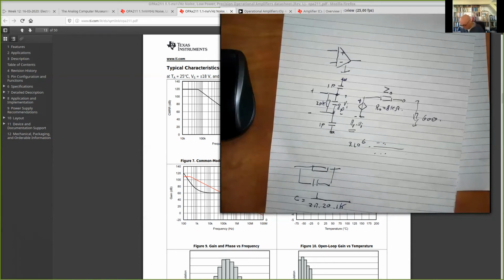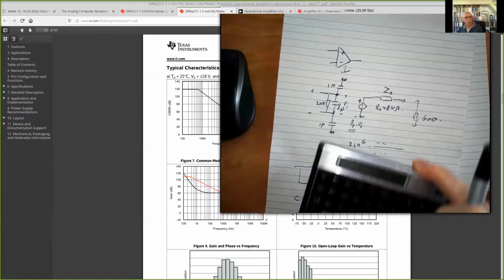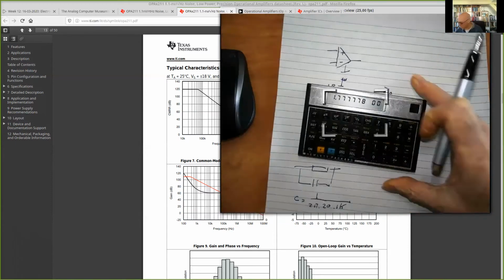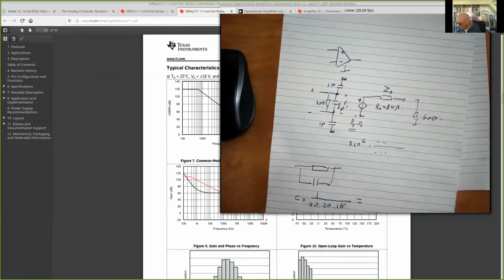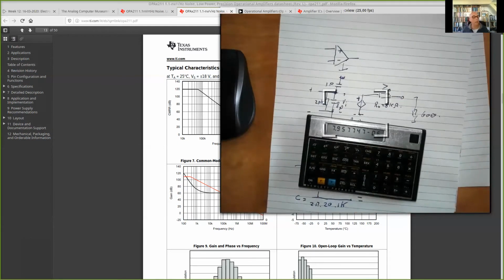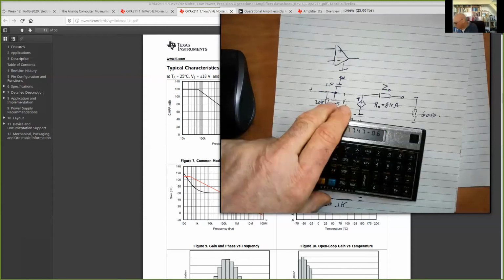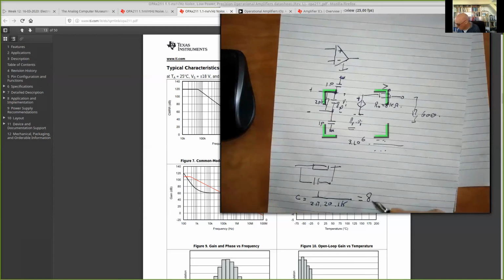And if you do that, I have my calculator here. If you don't believe me, that's my calculator. You will find 7.95, let's say 8 microfarad. So this is 8 microfarad.